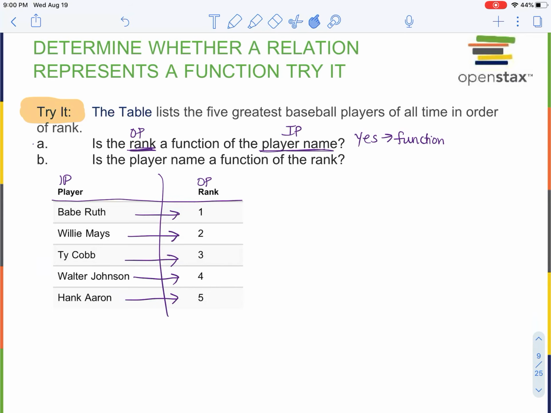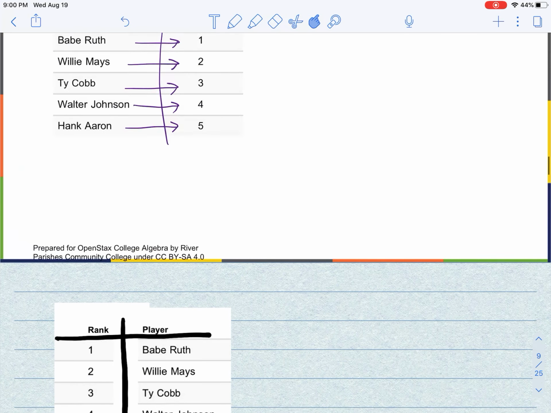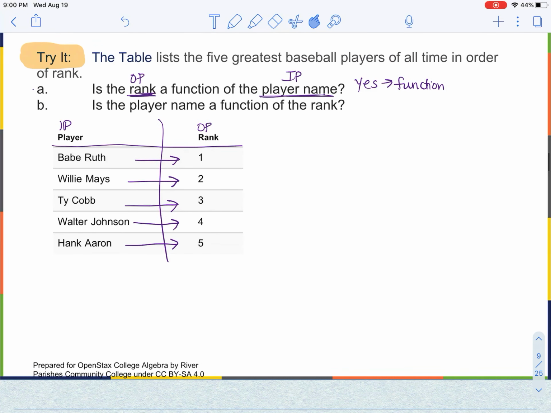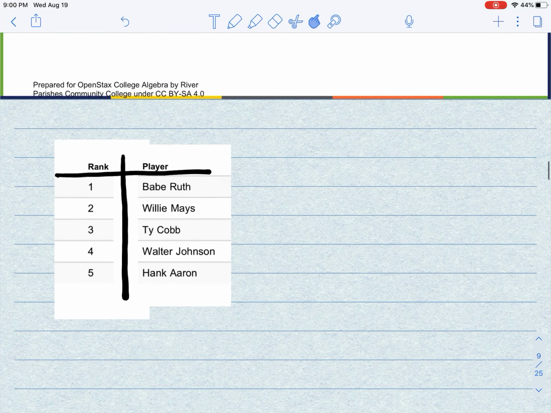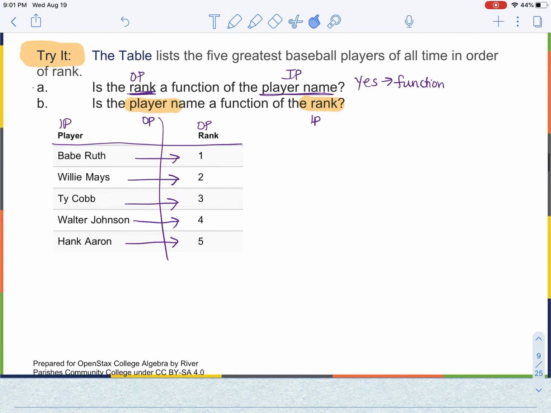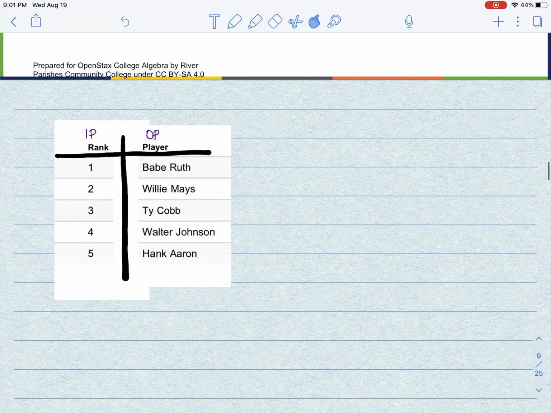Now let's look at part B. In this case, we're trying to see if the player's name is a function of the rank. So the player's name is the output and the rank is the input. So it's reversed. You'll notice I went ahead and reversed it and put the input, which is rank, here, and the output, which is player, the way it's written in the question.